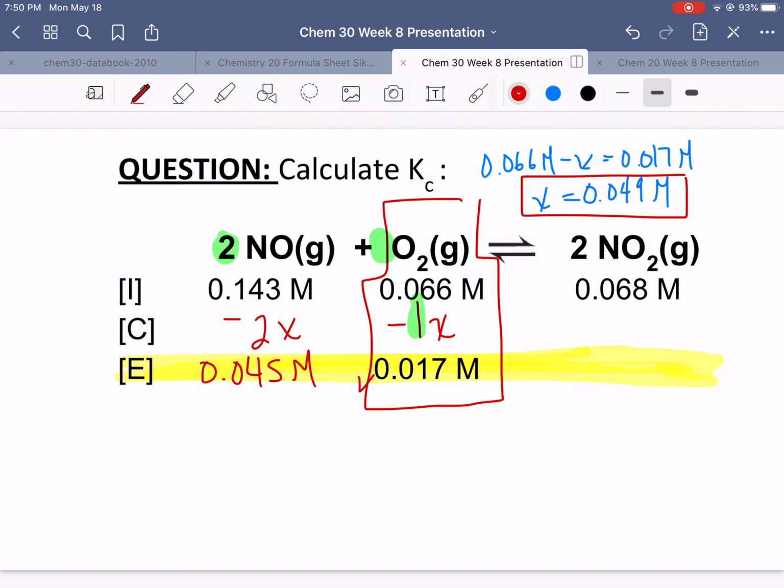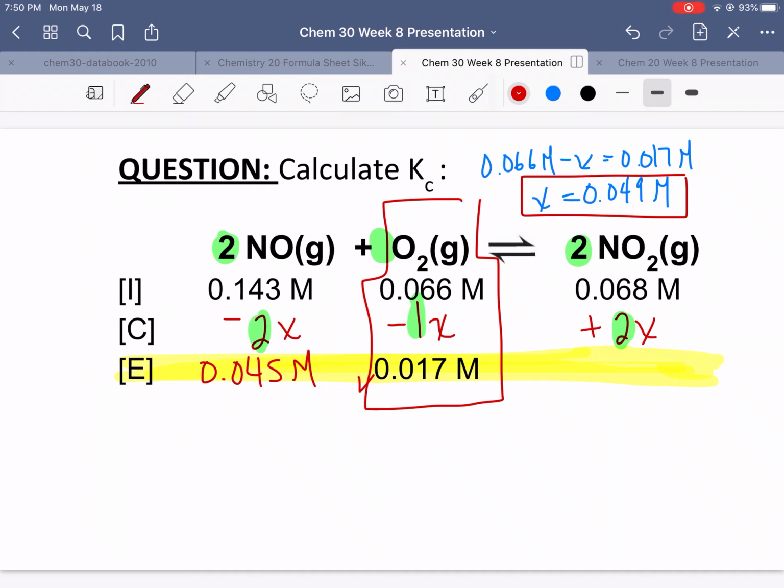We still need, however, the product's concentration at equilibrium. So once again, look at that coefficient, 2 nitrogen dioxide gas. It is not going down, it's the product. If the reactants go down in concentration, the product has to go up by 2x, 2 because of that coefficient, just like what happened on the other side.